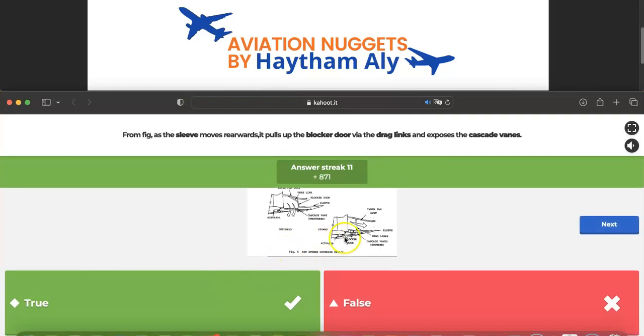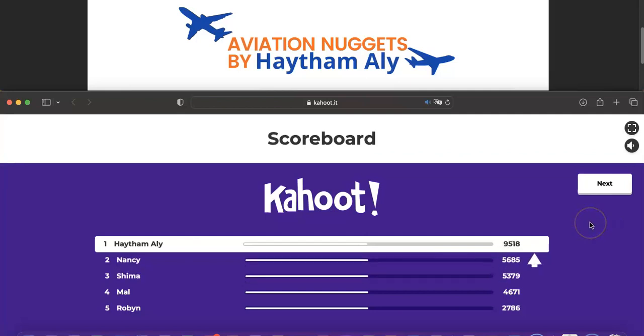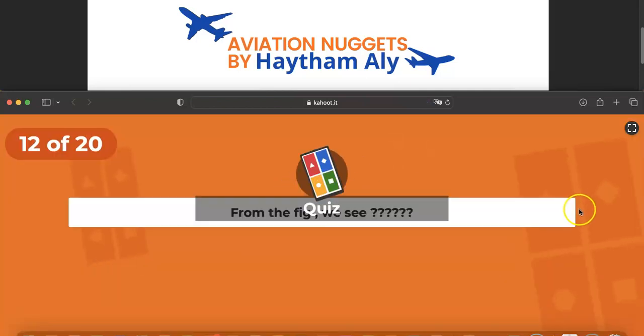When the translating sleeve goes aft by hydraulic actuators, it pulls the blocker doors via the drag link, and the blocker door reverses the cold or fan stream, and the cascade vanes are exposed to direct the cold thrust forward at certain angles away from critical components of the aircraft. Okay, everybody? Let's proceed to the next question.